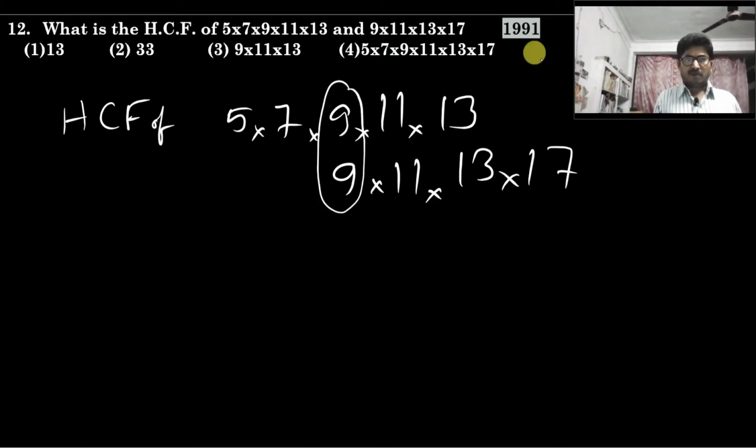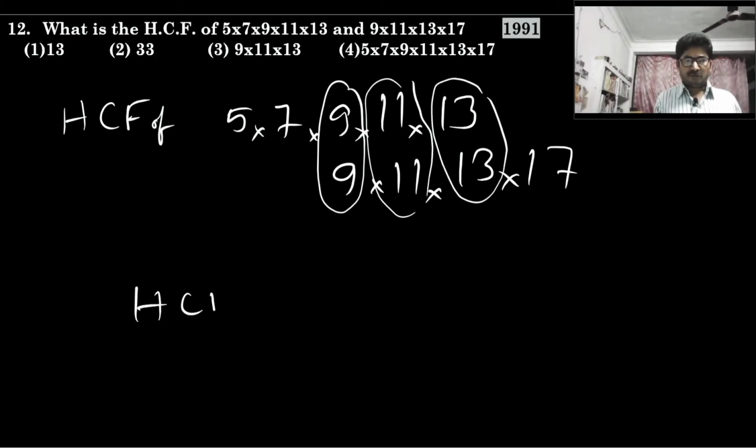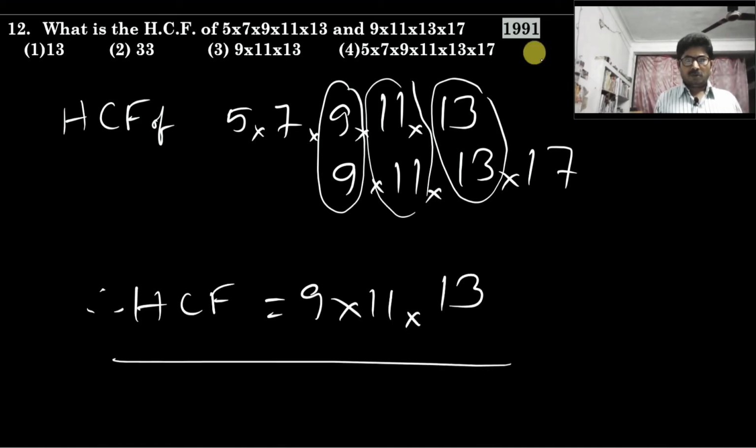The product of common factors is the HCF. So HCF is equal to 9 into 11 into 13. Option 3.